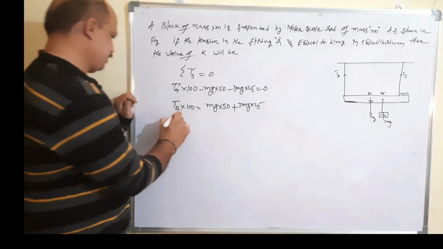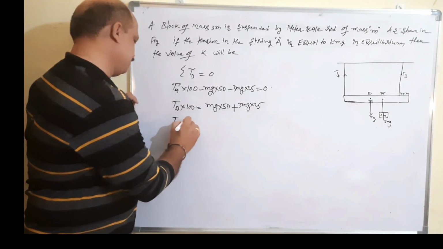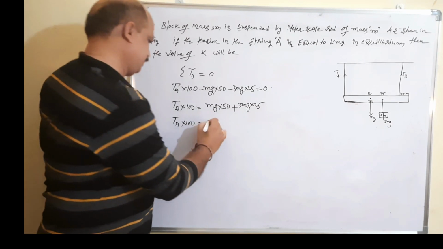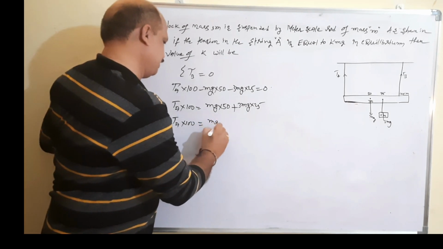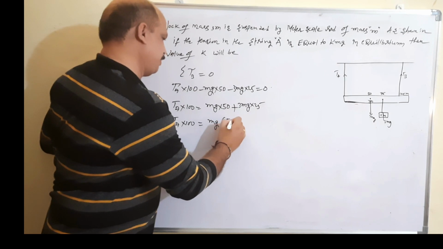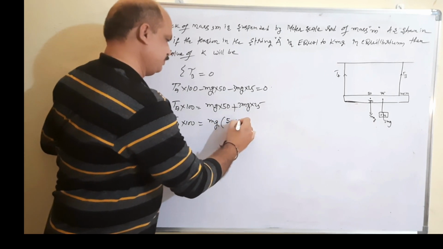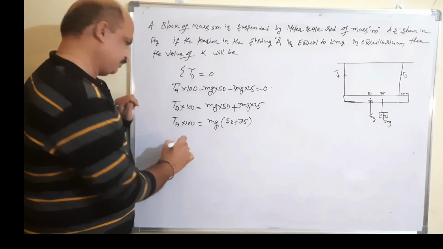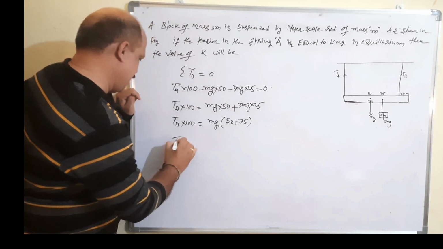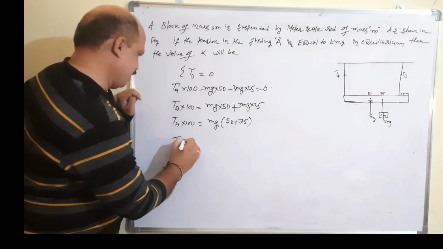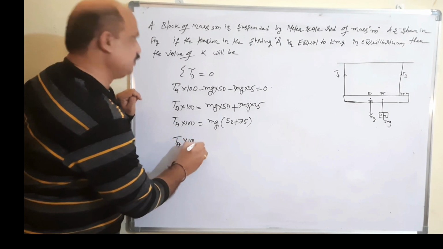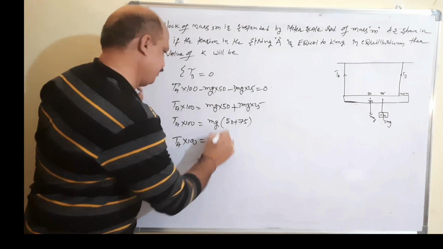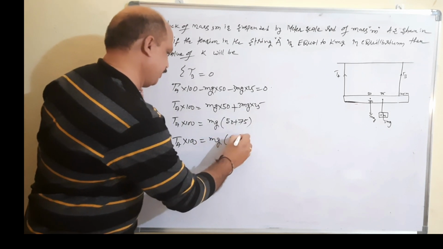Taking mg common, 50 plus 75, that is 125.